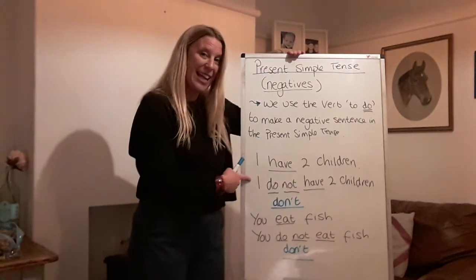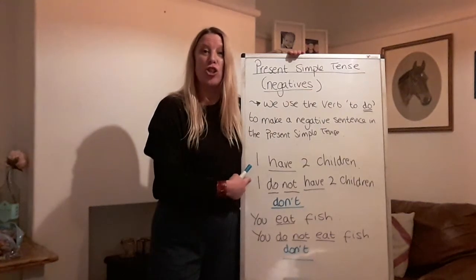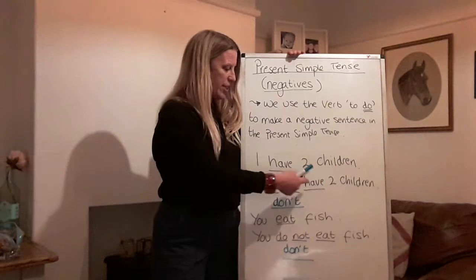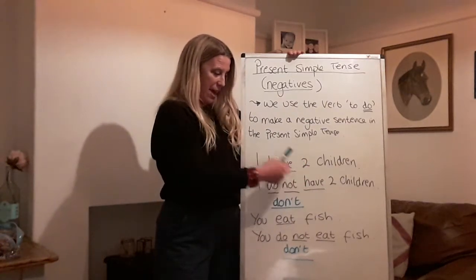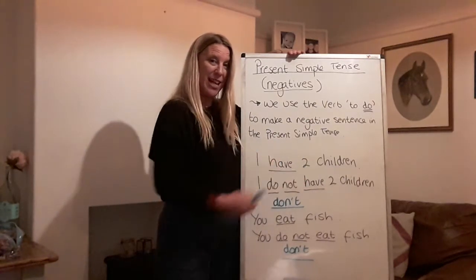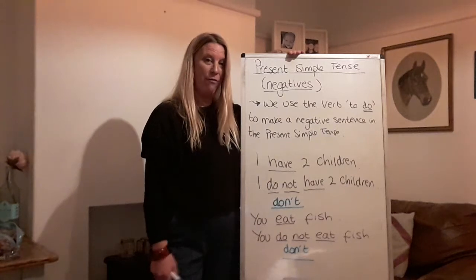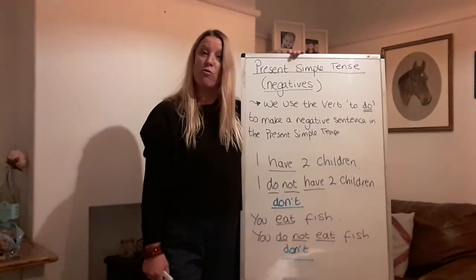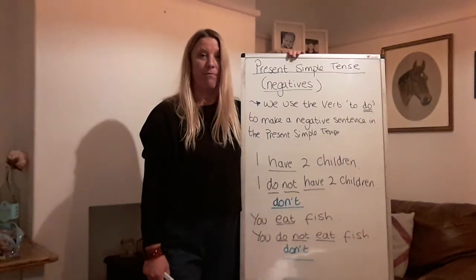To make that negative, we must add do not. I do not have 2 children. The verb stays the same, have, but we just add do not before it.